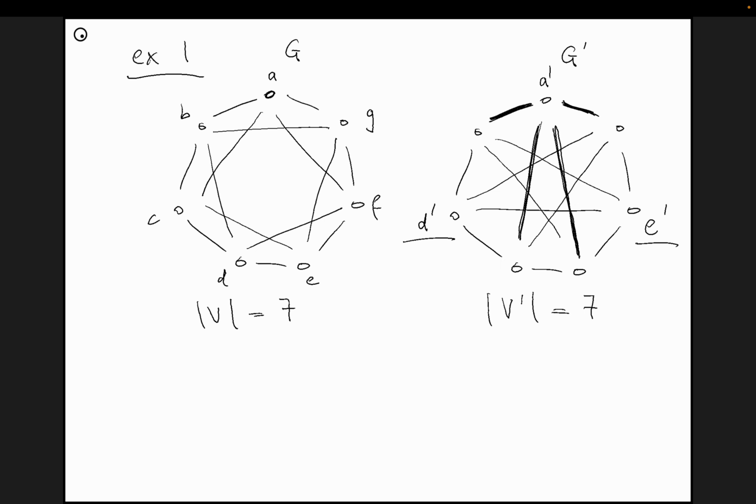Okay, now we put ourselves into the point of view of D prime, or let's go here to D right now, and we see that D is not connected to A and G. Well, as we started previously from A prime, so D prime is not connected to A prime, but it must not be connected to G prime as well, since D is not connected to G. So where is the other?